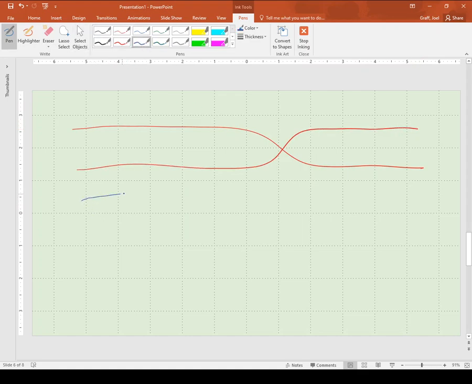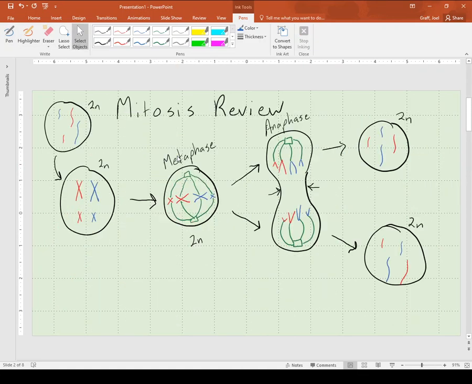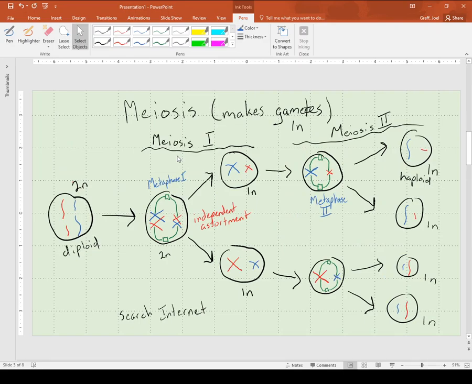Now imagine that this was 2 homologous chromosomes, a red chromosome and a blue chromosome, and we get to Metaphase One, where the cells are lined up 2 by 2.